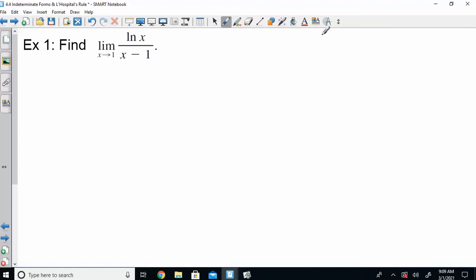So here is my first example: the limit as x approaches 1 of the natural log of x over x minus 1. That's the little example that I had at the beginning. You do need to check to see if it really is an indeterminate form. So if I just plugged in the 1, natural log of 1 is 0, 1 minus 1 is 0. So it is 0 over 0.